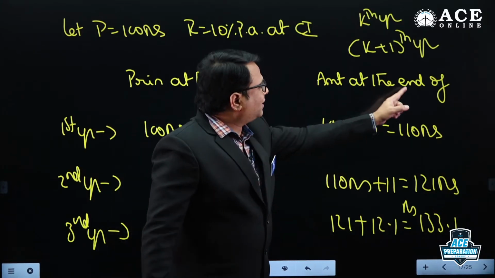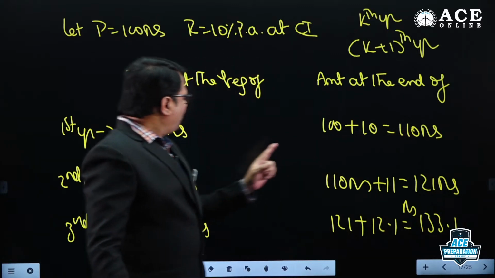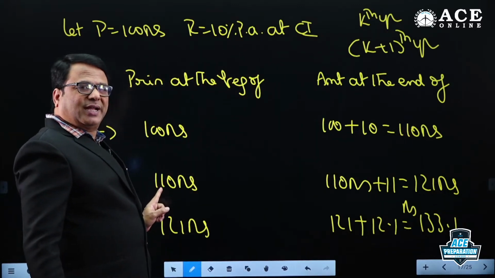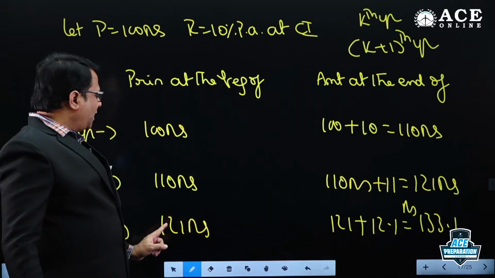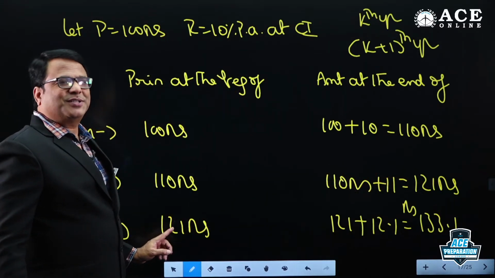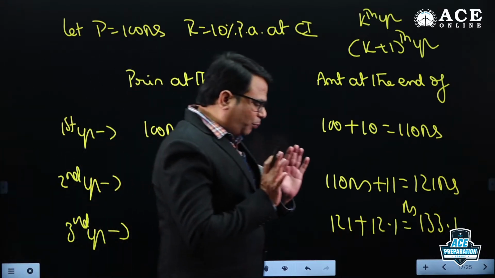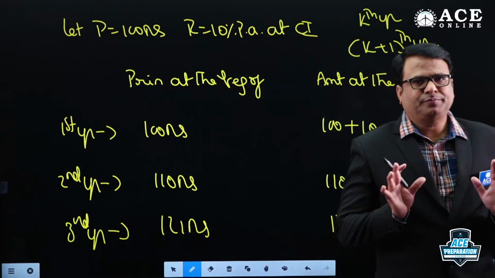You can see the amount at the end of the first year will become the principal at the beginning of the second year. The amount at the end of the second year will become the principal at the beginning of the third year. That is the point. Now, one more important point I want to tell you.